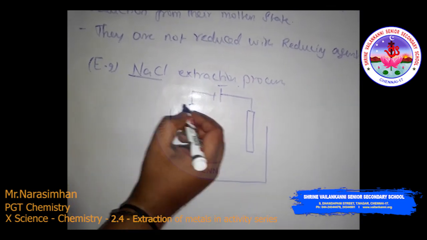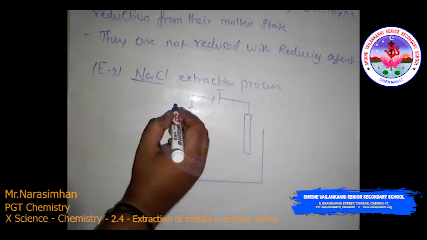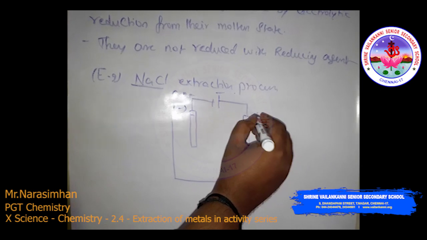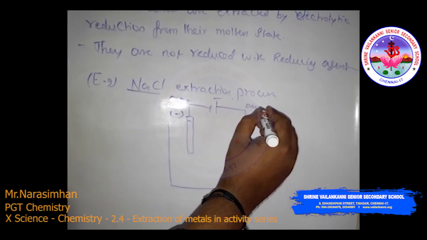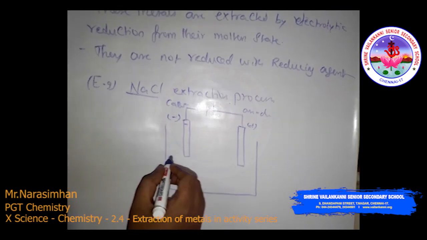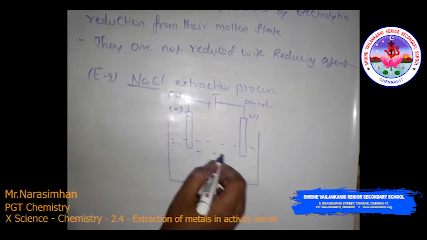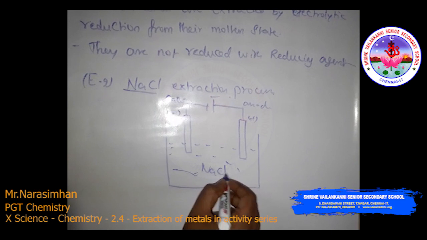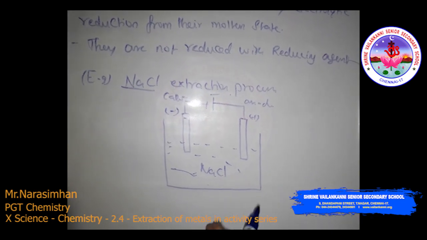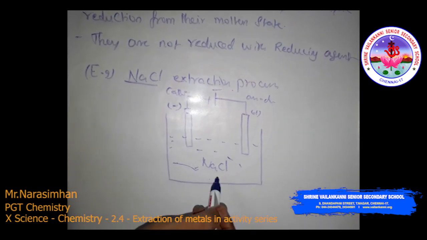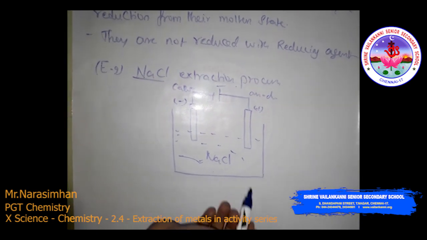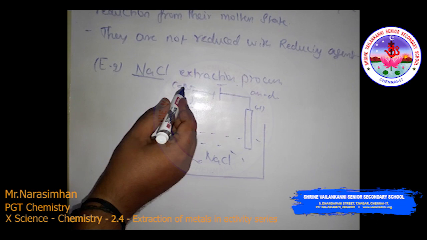One end is the cathode, which is negatively charged, and the positively charged one is the anode. This is the solution, NaCl, a sodium chloride solution. Here, the extraction of sodium metal from sodium chloride means the metal is deposited on the cathode.